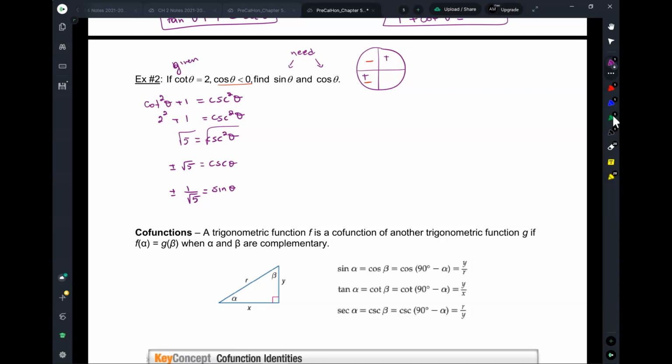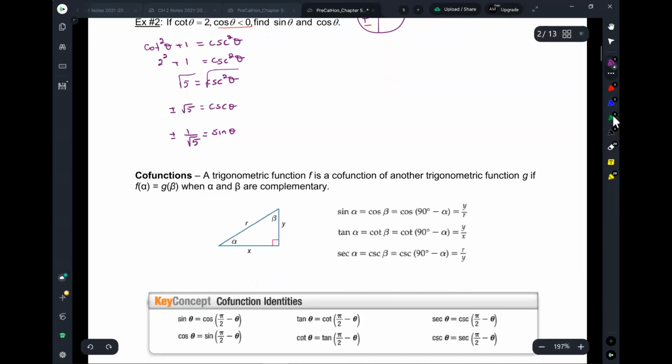Third quadrant here. In that quadrant, is sine positive or negative? Negative. So I got to take this one. Okay? In quadrant 3, sine is negative. So sine of theta is negative 1 over root 5.